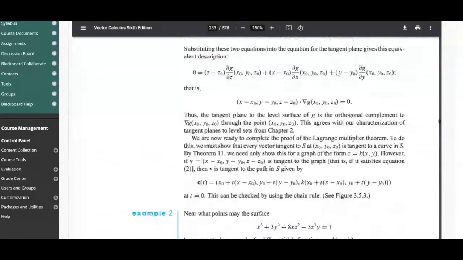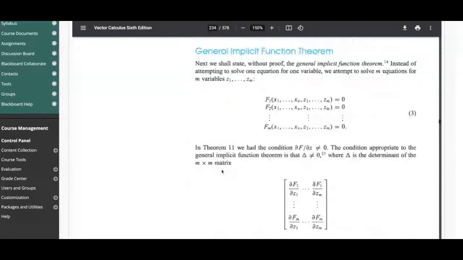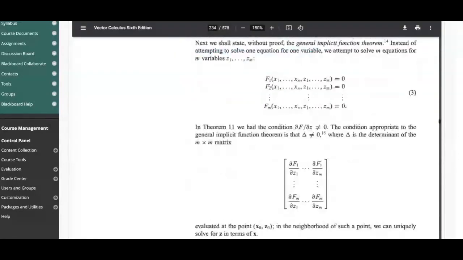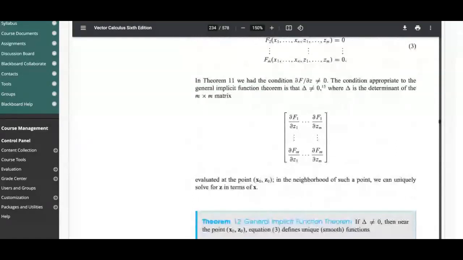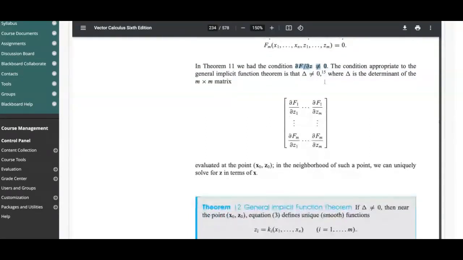So we use the same setup for the general implicit function theorem. So we have this m. So we require this not equal to 0. And this is using this delta notation, saying one more thing cannot be 0.